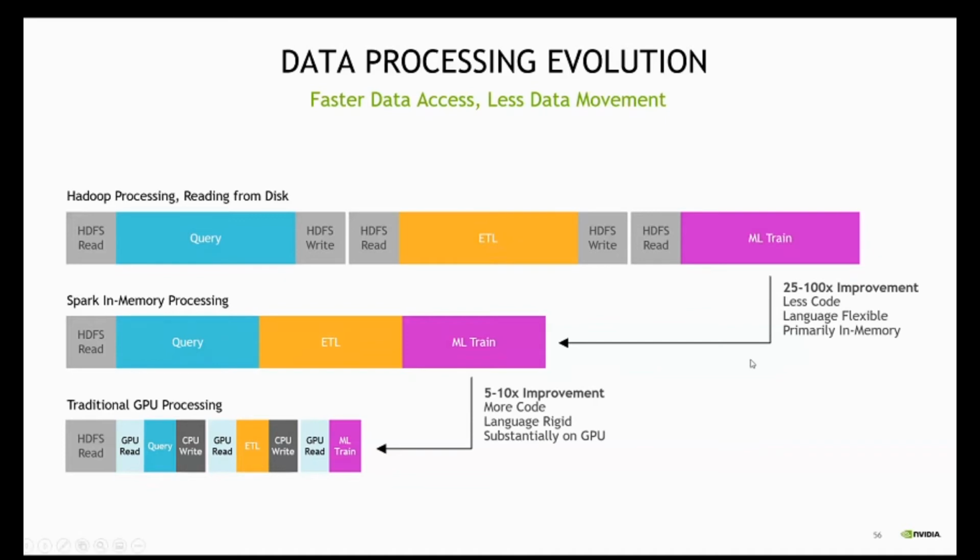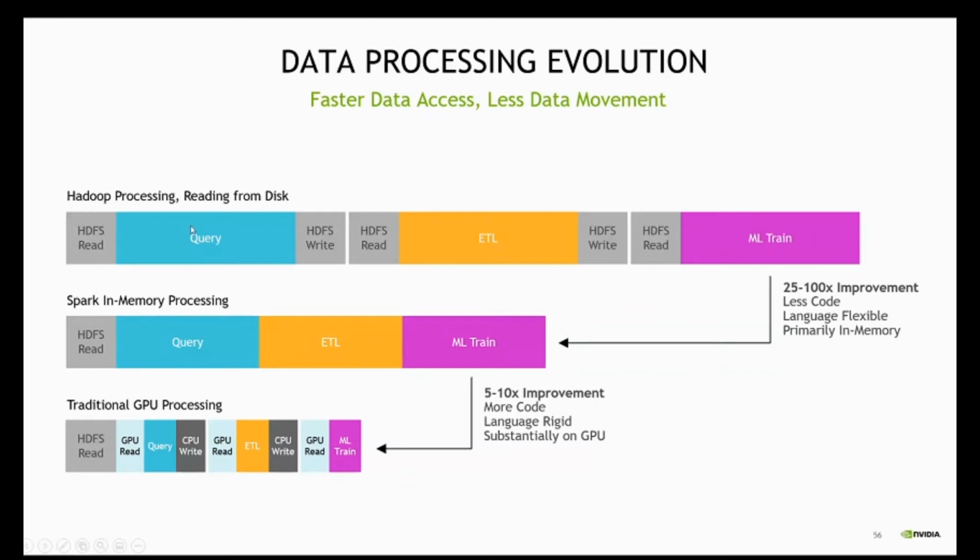Generally, the pipeline looked like this: you first did the HDFS read, which is the Hadoop file system read. Then you do some query. Then to do ETL, you first had to write that on disk. Then you again had to read it, perform the ETL, and write it back on disk. Now for ML training, again, you had to read it back, then apply ML training.